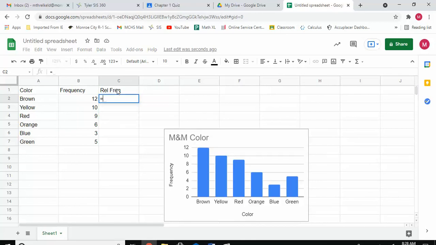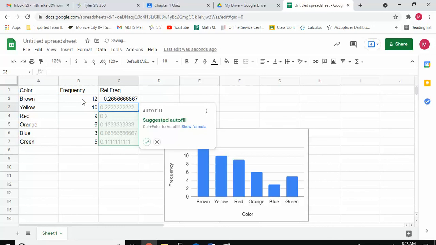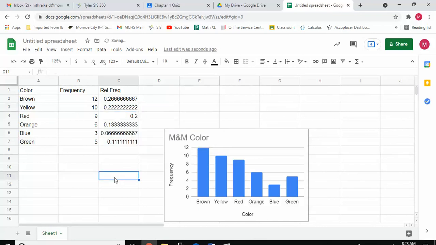You could do, if you hit equals, and then just click, we wanted the brown, so equals that divided by 45, and it gives me the relative frequency. You can drag that formula down, or mine just suggested the rest of them.